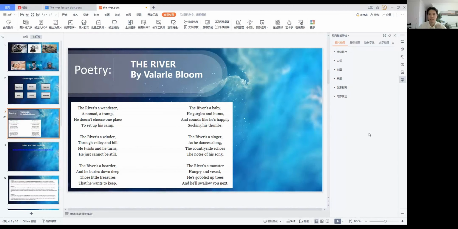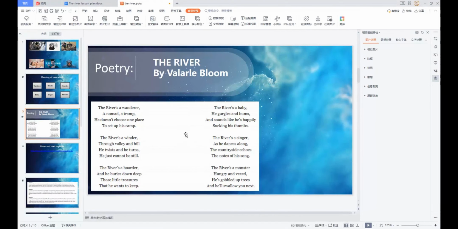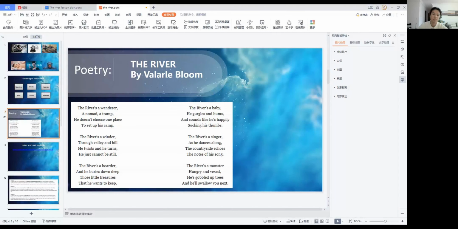When I first read this poem, the first image that came to my mind was quiet and peaceful, right? And we can also feel that this poem makes us feel relaxed.